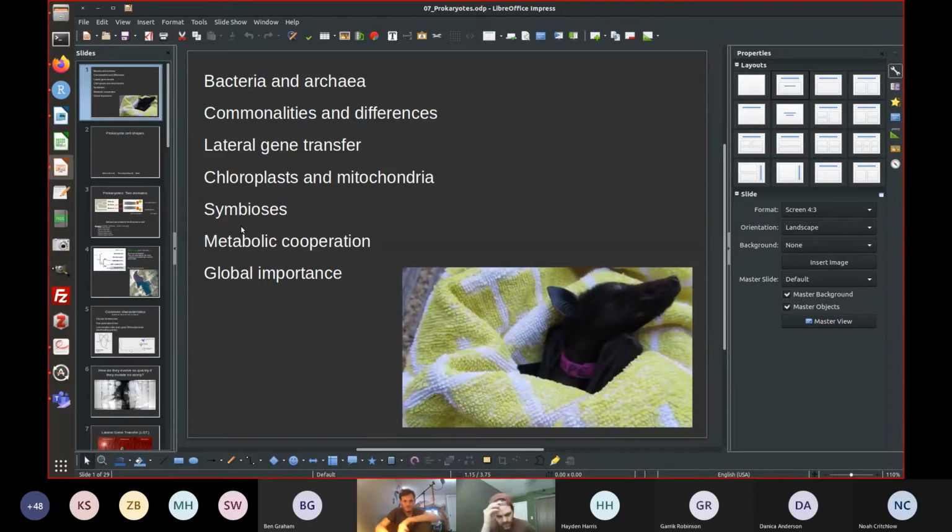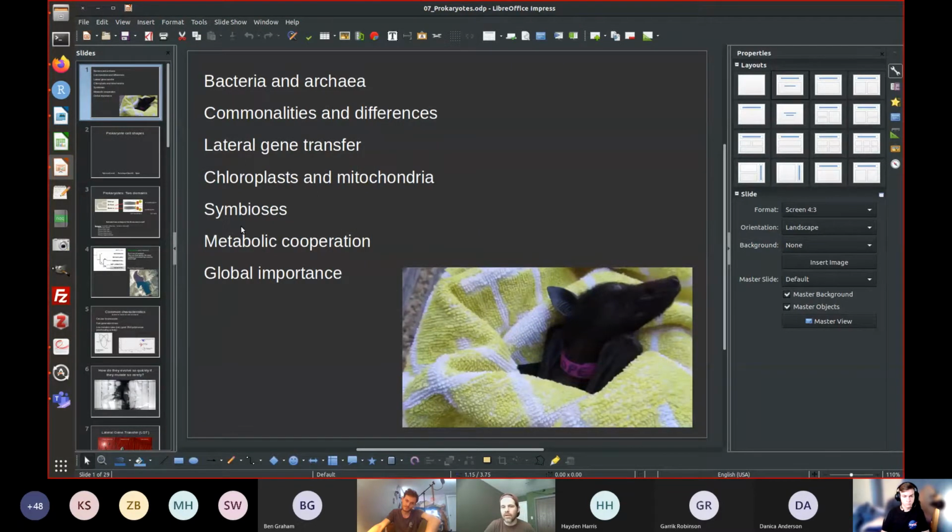It's a pretty basic look at them, which is disappointing because probably 85% of all biochemical diversity on Earth is tied up in prokaryotes, and we have essentially 2 class periods to go over them. It's pretty lame, but that's okay because we've got a microbiology class where you get to learn a bunch more about them. So this is pretty surface level stuff.